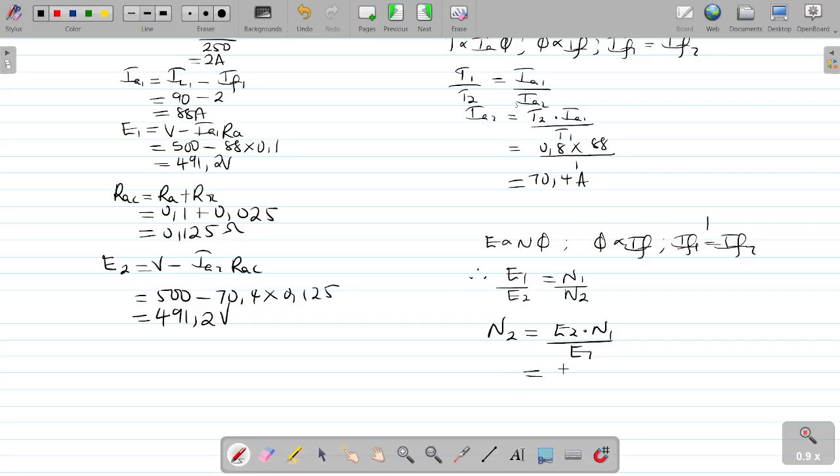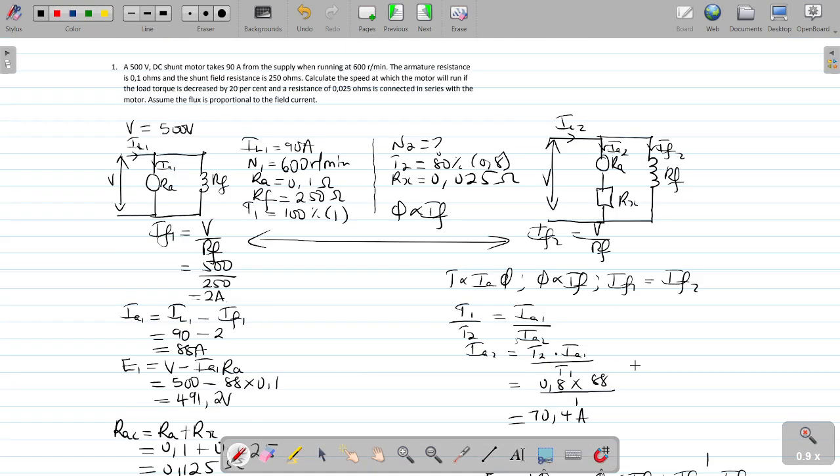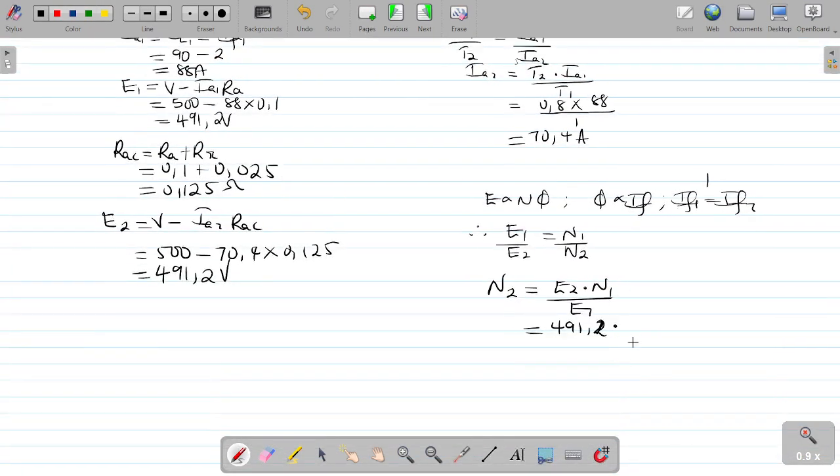We have 491,2 times our N1, they gave us 600, over 491,2. Our answer is 600 revolutions per minute.